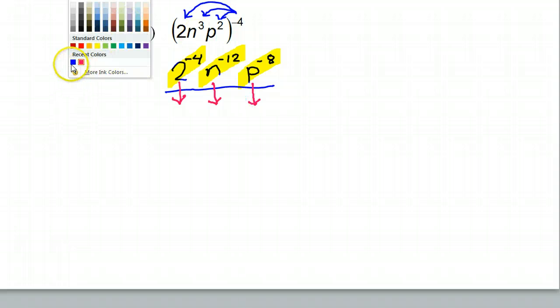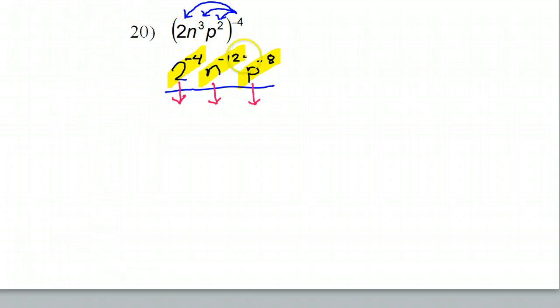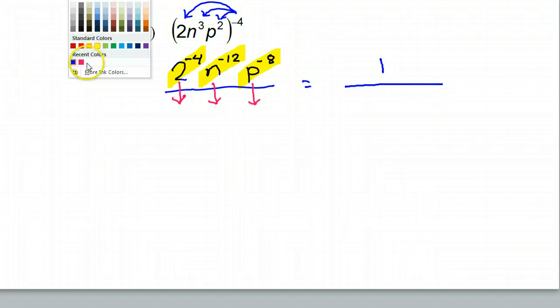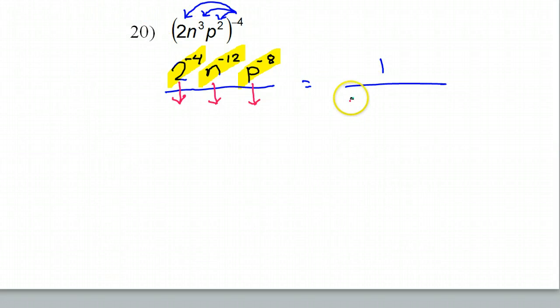So what I'm going to have is, I'm going to have to keep a 1 in the top as a placeholder. But now in the bottom I will have 2 to the 4th power and n to the 12th power and p to the 8th power. And we decided that if you have the 4th power or greater, we can just leave it like this.